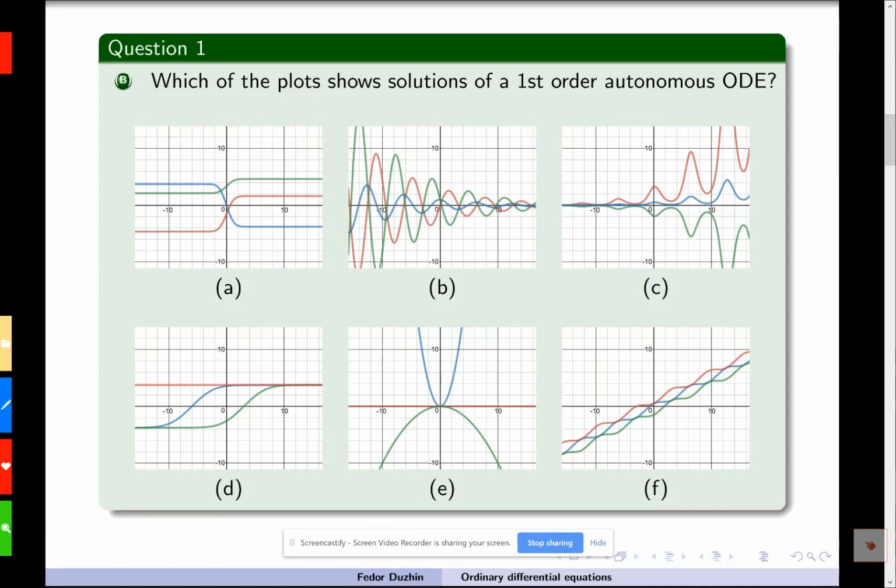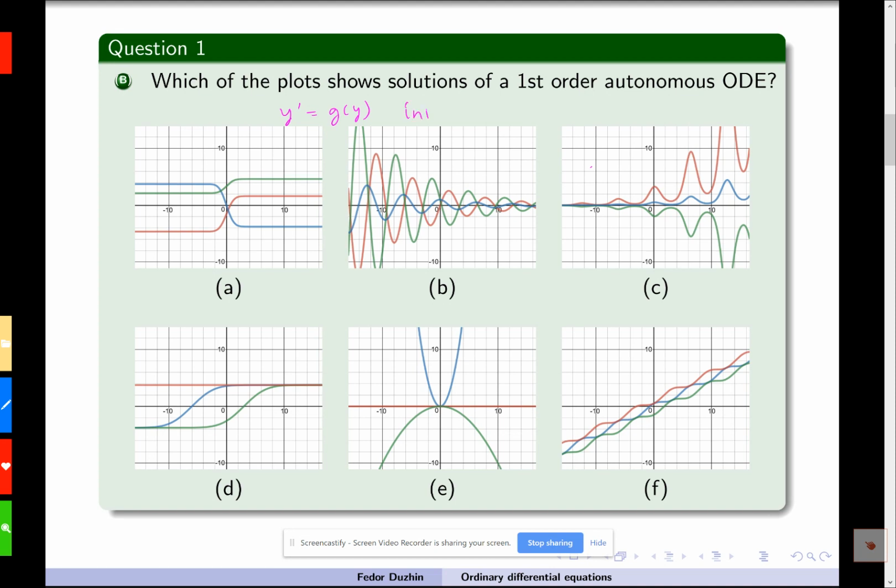Question B, which of the plots shows solutions of a first order autonomous differential equation? So recall that an autonomous differential equation is an equation of the form y prime equals some function g of y, and its characteristic property is that its solutions are obtained from each other by horizontal translation, or it is invariant under horizontal translation.